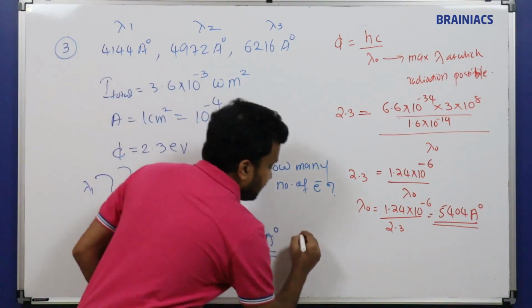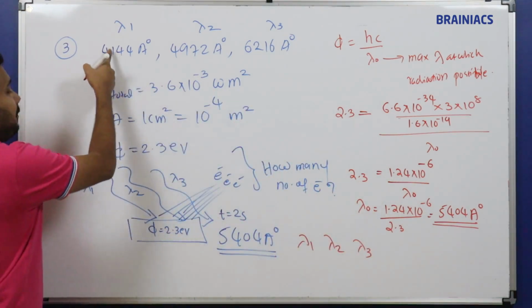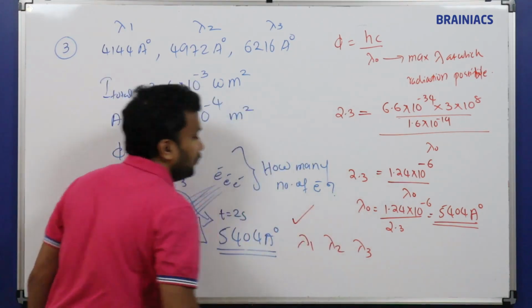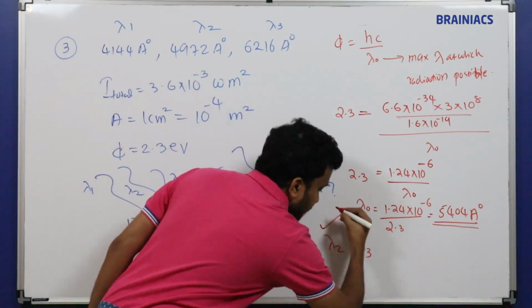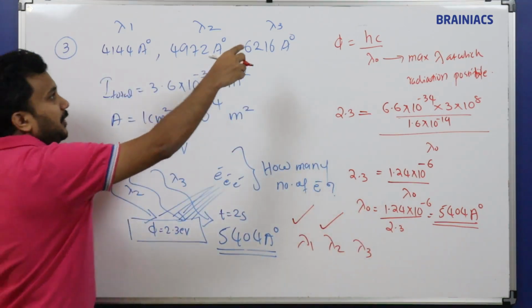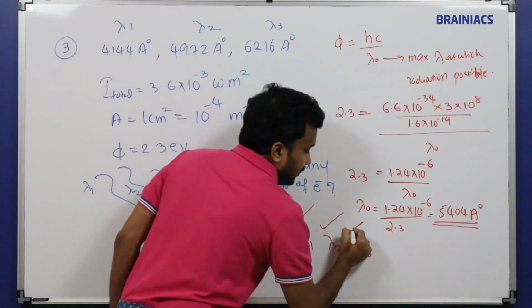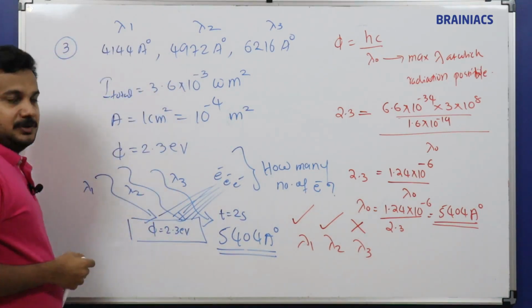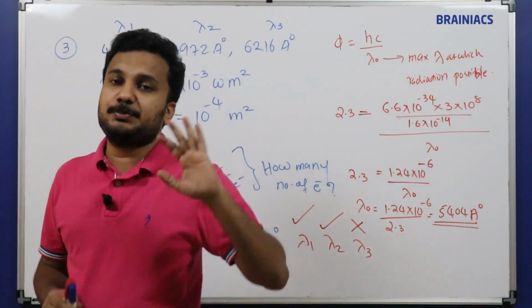So who all come within this limit? Lambda 1, lambda 2, lambda 3. Lambda 1 is less than this value, so it is possible to emit the radiation. Lambda 2 is also below this value, so it is possible. But lambda 3 is above this value, so it is not possible to emit the radiation. It is the maximum wavelength at which emission is possible.